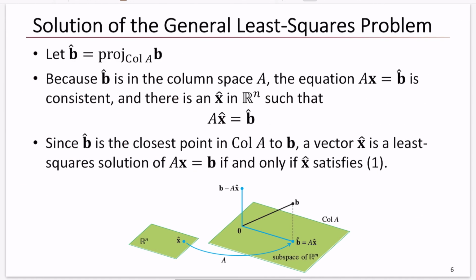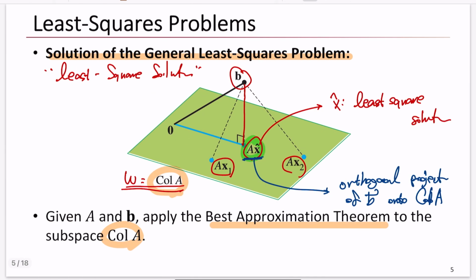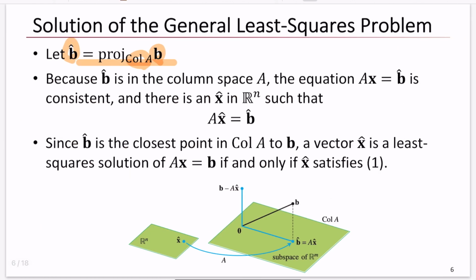Anyway, let b hat be the projection of b onto the column space of matrix A. Because b hat is in the column space of matrix A, the equation Ax equals b hat is consistent. I mean, Ax equals b hat always has a solution, and there is a solution x hat in R^n such that A x hat is equal to b hat.